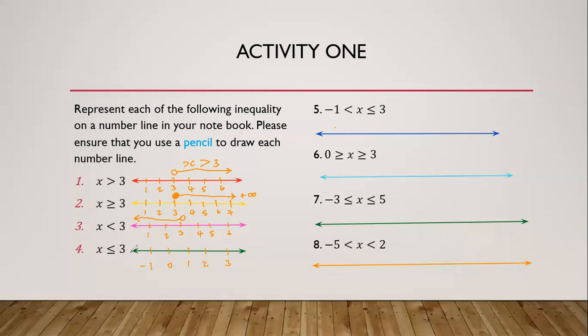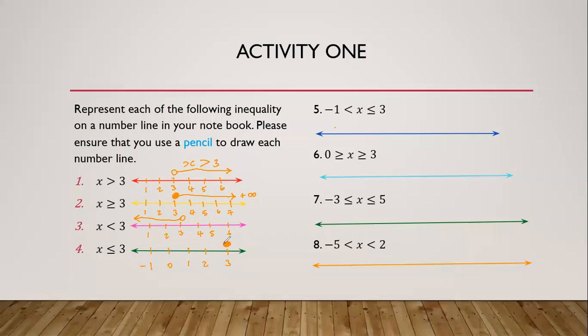Now it says x is less than or equal to 3. So first thing we need to identify where 3 is. It has a line underneath the sign, means that 3 is a part of the solution, so we need to shade our circle. Remember that a shaded circle is what we call a closed circle, and a circle that is not shaded is what we call an open circle.